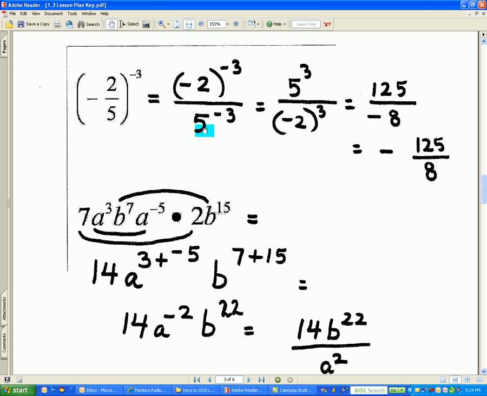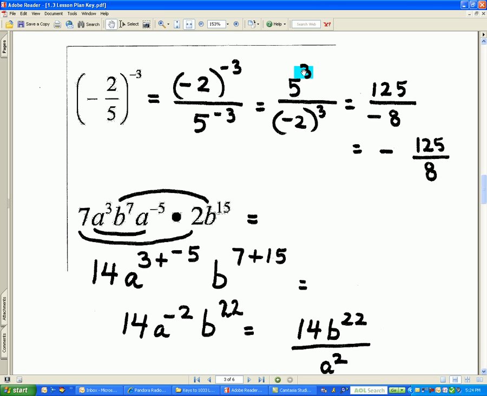And notice what I have in the bottom. The 5 that used to be here is a positive 5. I don't need parens to indicate that. And it's raised to the -3rd power. Now look what happens. 5 to the -3rd from the denominator becomes 5 to the 3rd in the numerator.